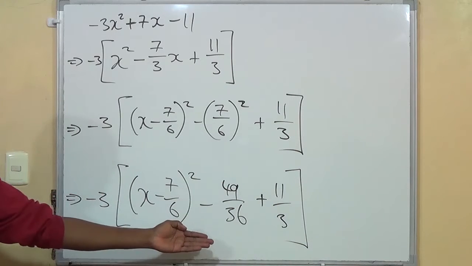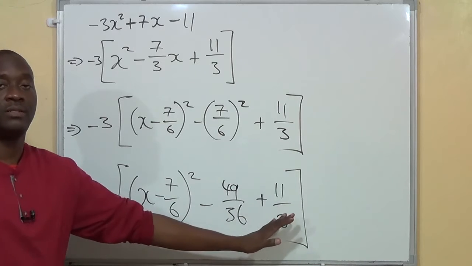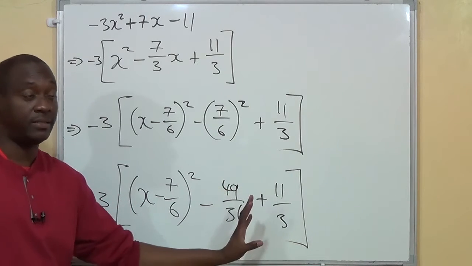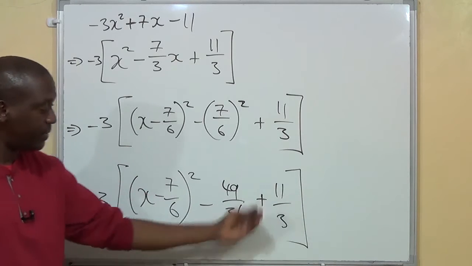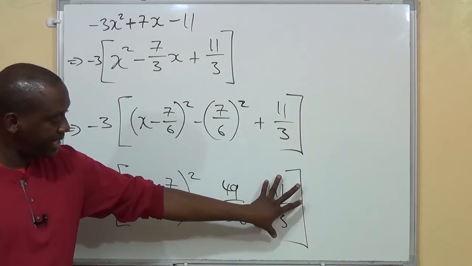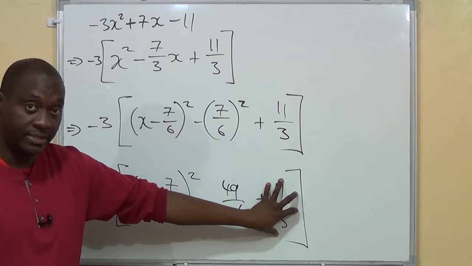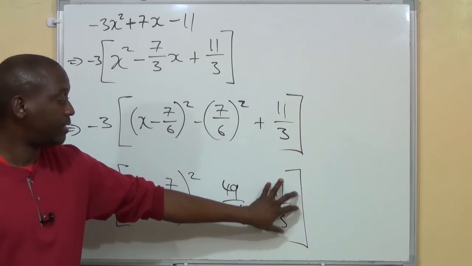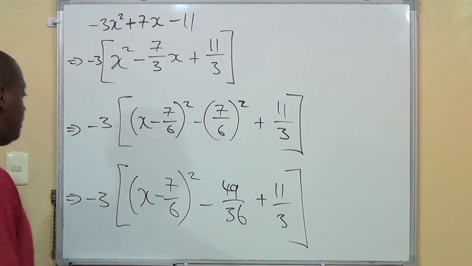But we have a fraction here too. So what we do, we express these two fractions with the same denominator without changing the value of this fraction here. So in this case, the common denominator will be 36. So we're going to express 11 over 3 as a fraction with 36 as the denominator. That, of course, will simplify the arithmetic at the level of numerator on top.